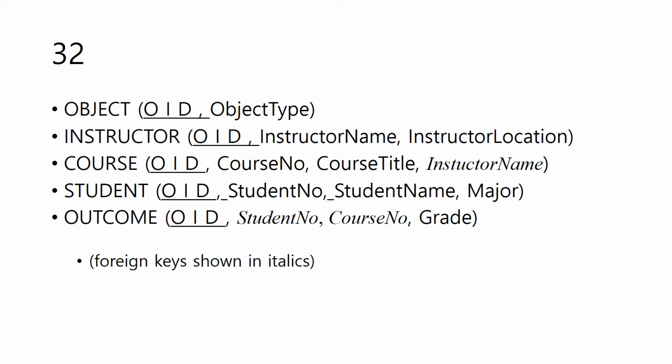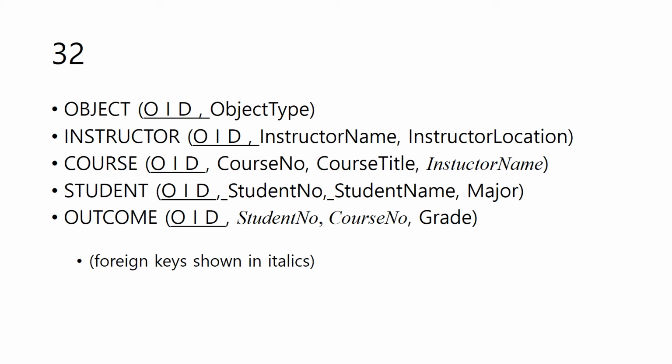Figure for this 32 shows a class list for Millennium College. Convert this user view to a set of third normal form relations using an enterprise key.